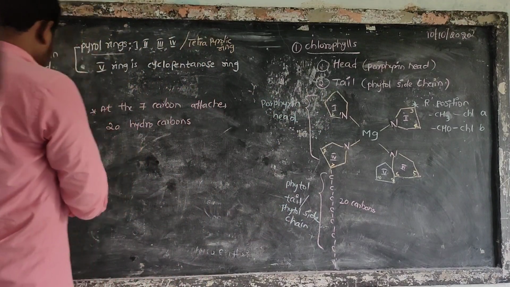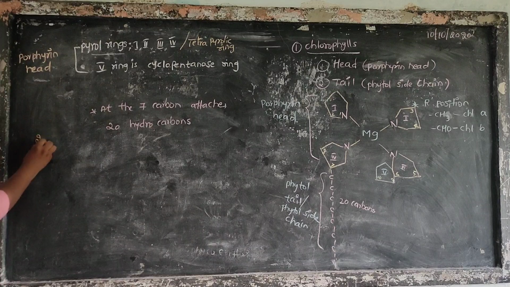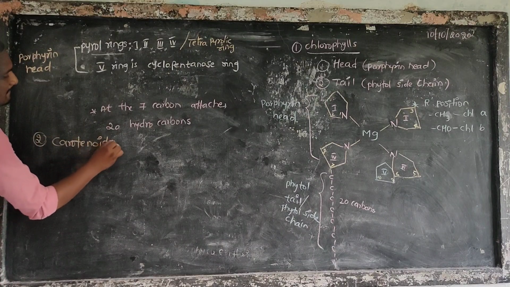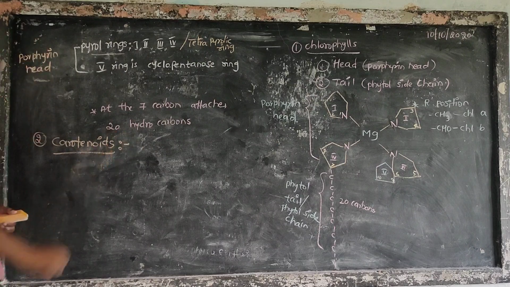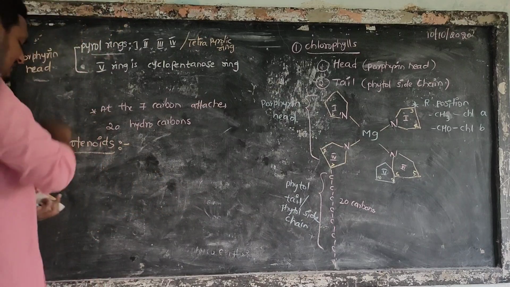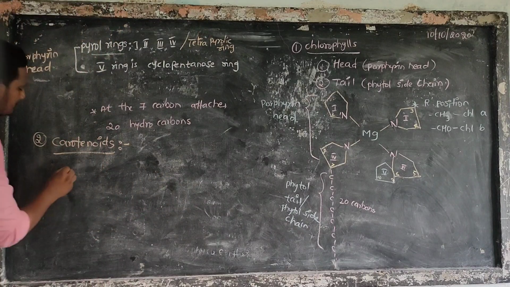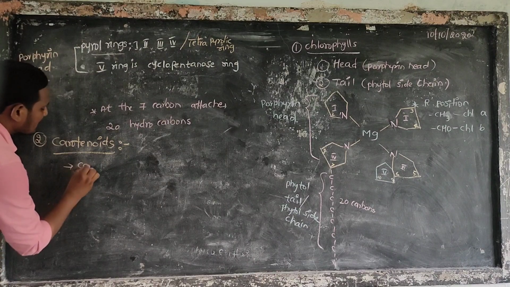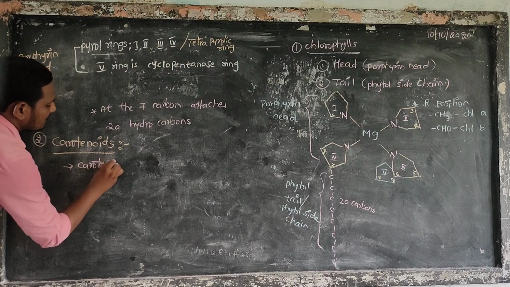Next type of pigments, carotenoids. Carotenoids are mainly of two types. One is the carotenes.